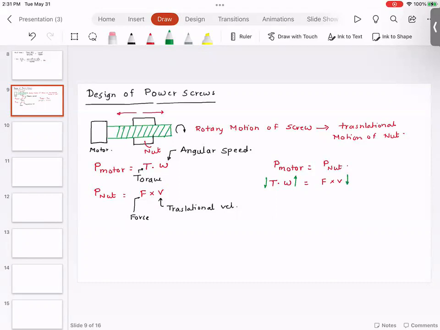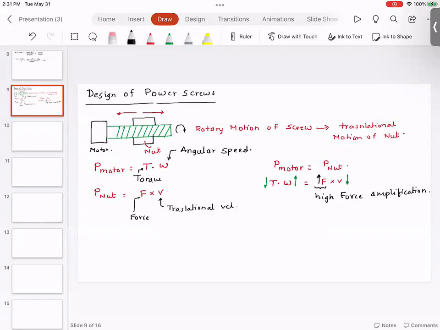What that means is you get significantly high force amplification. So because of the way the system is, you are going to get high force amplification.